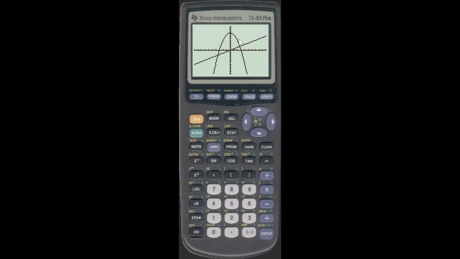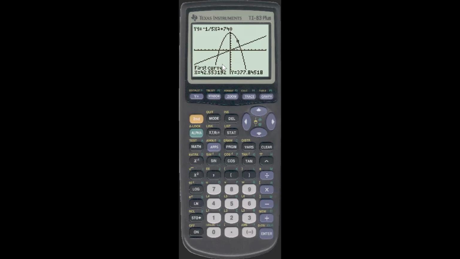So is it your right graph this time? Excellent. Okay. This is where you hit the second button and then calc, which is under trace, second calc, intersect number 5. You go down and choose number 5. Hit enter. Your cursor might be in a different place than mine, but what I want you to do is use the D-pad here on the right and trace over to that one on the right.